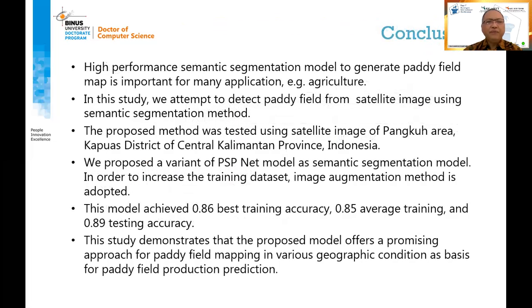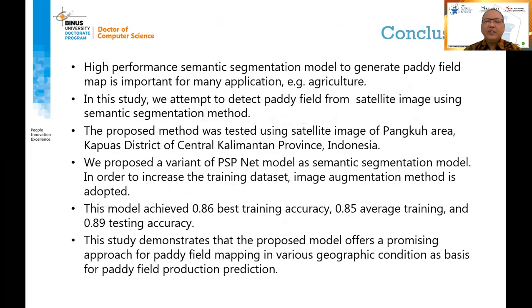So, as a conclusion, a high-performance semantic segmentation model to generate paddy field maps is important, especially in the agriculture field. In this study, we attempted to detect paddy fields from satellite images using the semantic segmentation method. The input location image is the Pangko area, Kapuas district of Central Kalimantan.